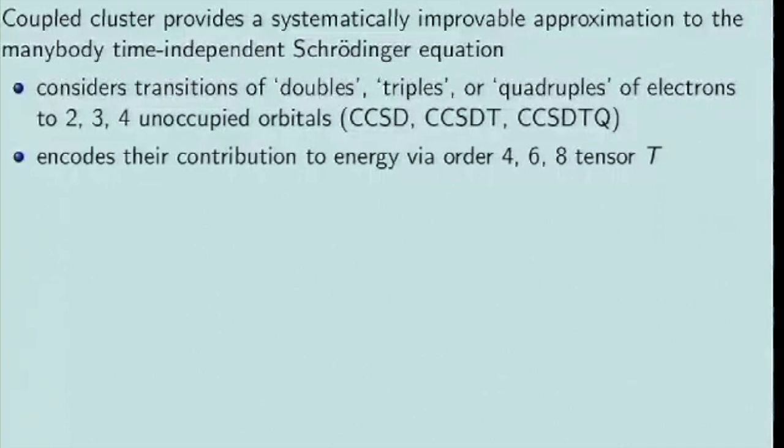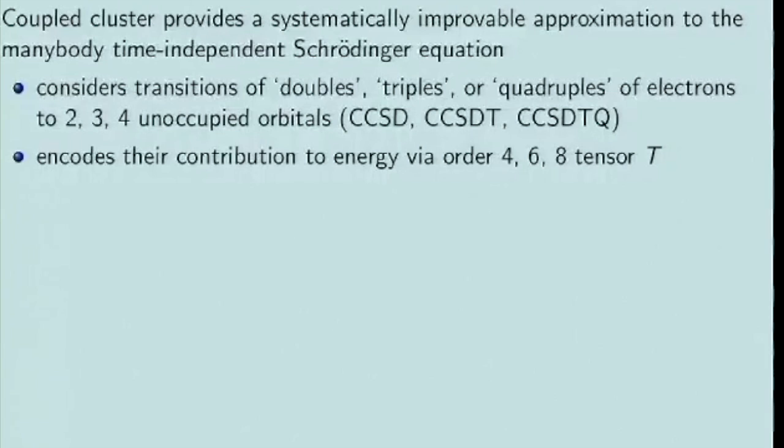So for each one of these methods, you essentially have a tensor that corresponds to having modes for each set of electrons. So either 1 electron, 2 electrons, or 3 electrons. Those are 2, 3, 4 of the modes of this tensor T, plus as many modes for the basis functions. So the order 4 tensor that you're solving for in the CCSD method has 4 modes, 2 of them corresponding to electrons, and 2 of them corresponding to basis functions.